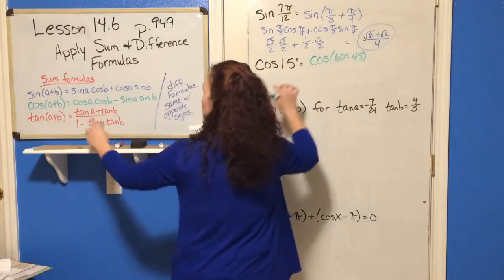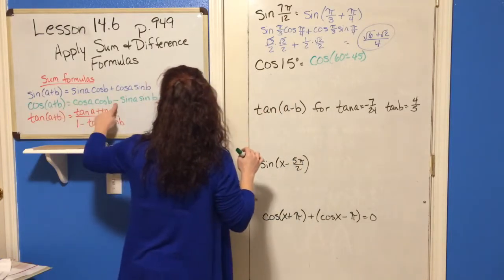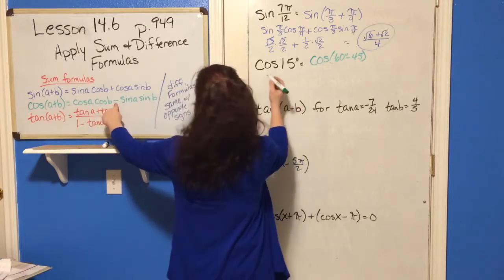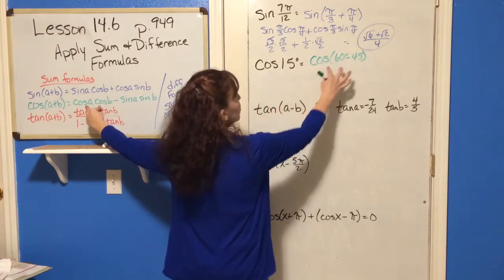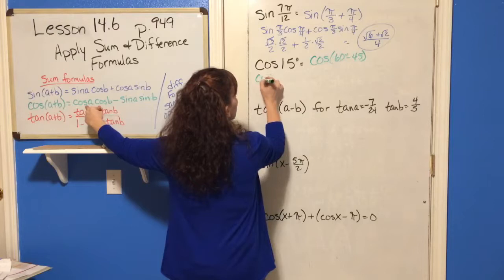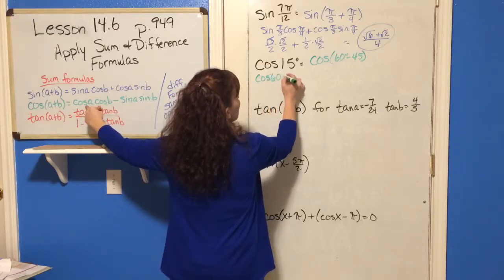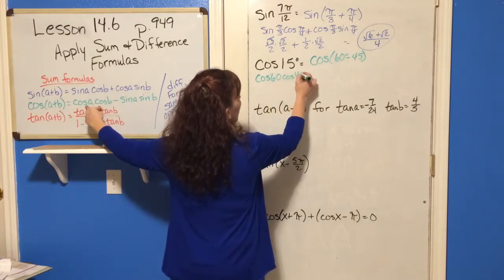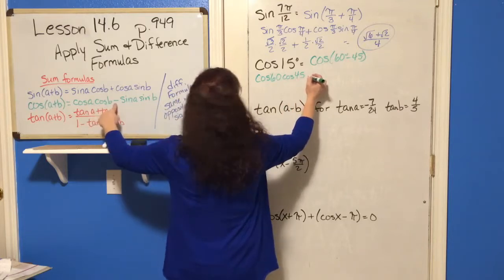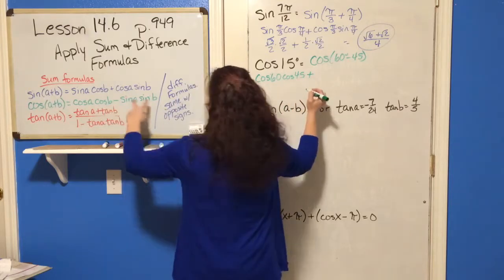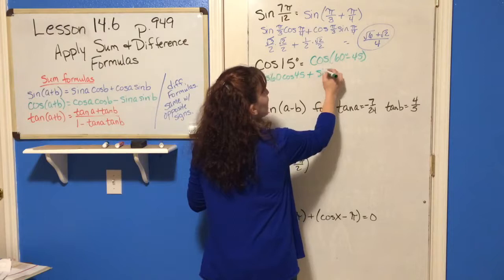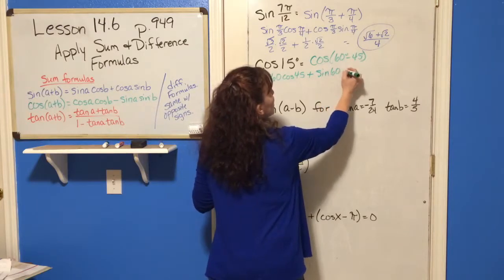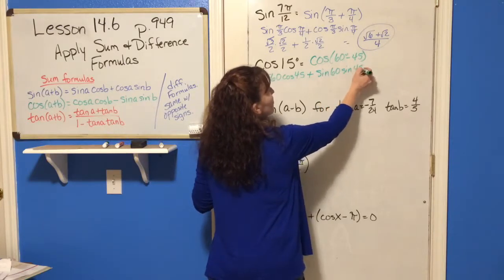But I'm going to use the sum formula and just change that sign. So we want the cosine of the two angles. So cosine of 60 times the cosine of 45, and then I'm going to add instead of subtract, and then I want the sine of each. So sine of 60 times the sine of 45.